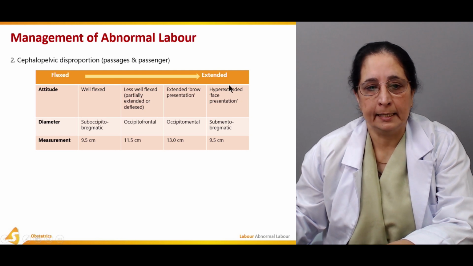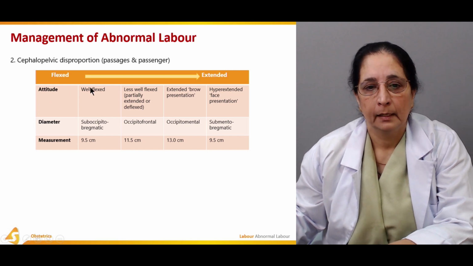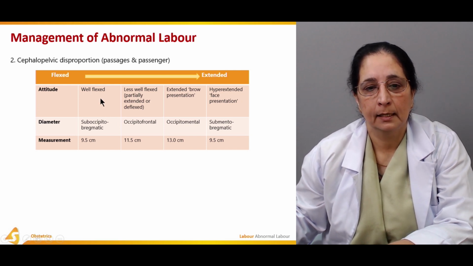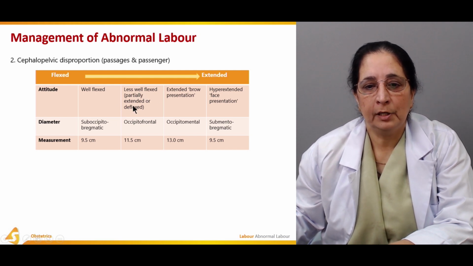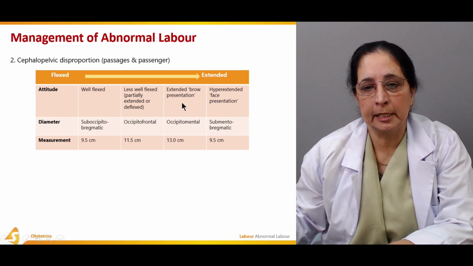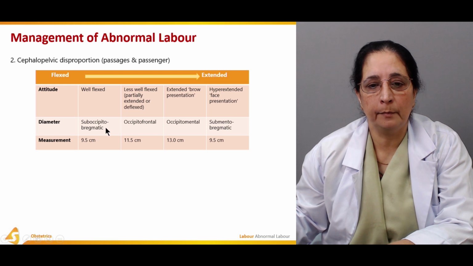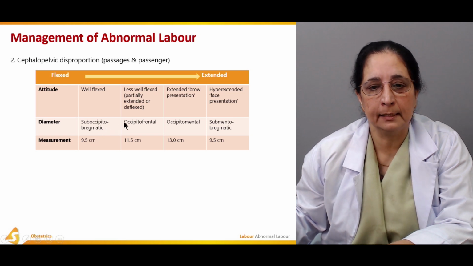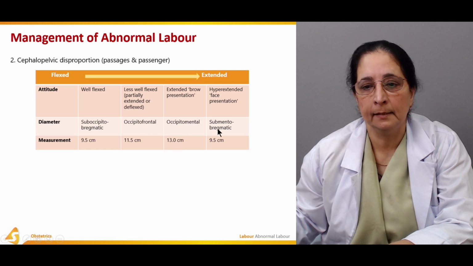Flexed and extended. Here we measure the different things: attitude, well flexed, less flexed, partially extended or deflexed, extended brow presentation, and hyperextended face presentation. The diameters are suboccipito-bregmatic, occipito-frontal, occipito-mental, and submento-bregmatic.